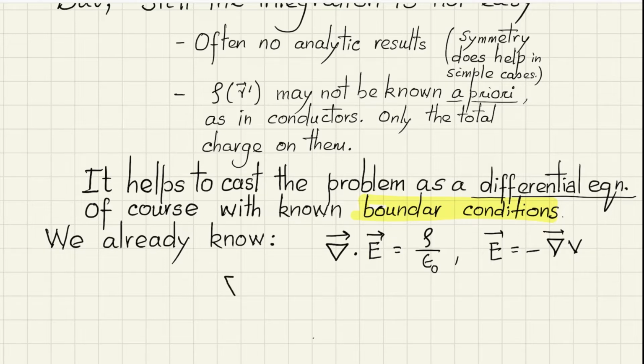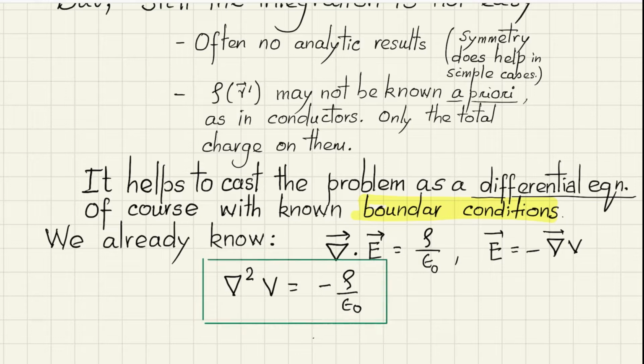Combining the two, I can write down that del square V is equal to minus rho by epsilon naught. Now that is indeed the heart of electrostatics. Along with boundary conditions, I should be able to solve this and get the potential, and from there I can get the field. And of course we know this as the Poisson equation.